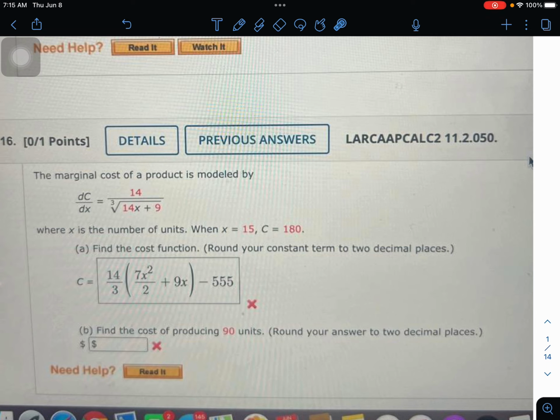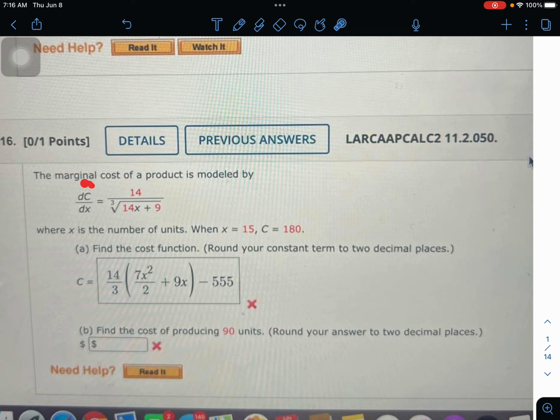Because if you take the integral of this function, it'll bring you back to just the cost function, because integrals and derivatives are inverses of each other. So if I take the integral of this, it'll bring me back to the cost function. Okay? That's a lot of stuff going on there.